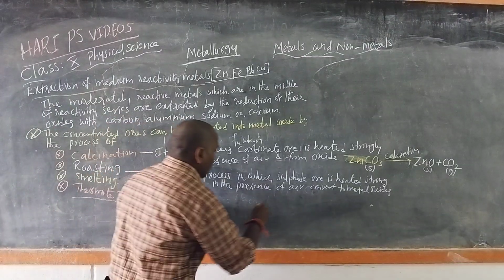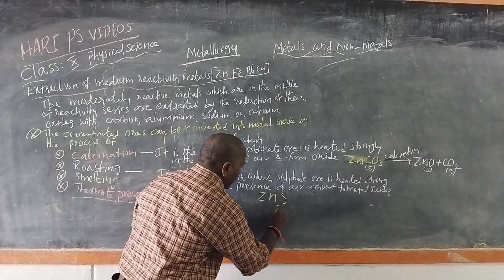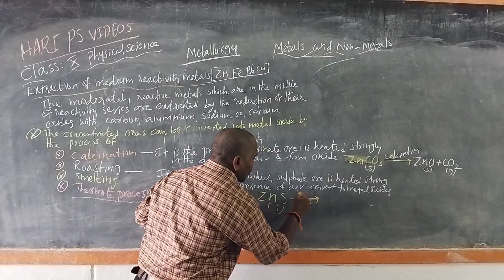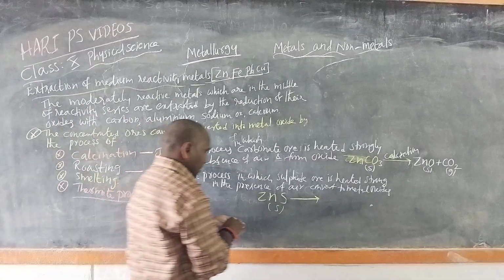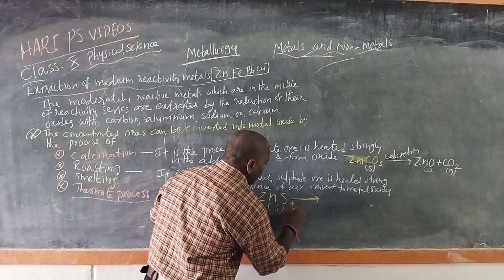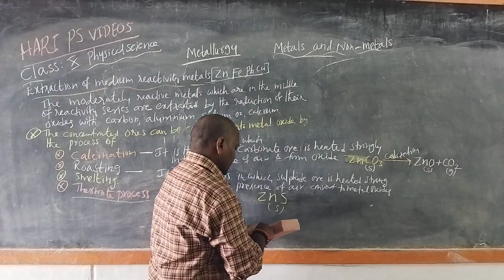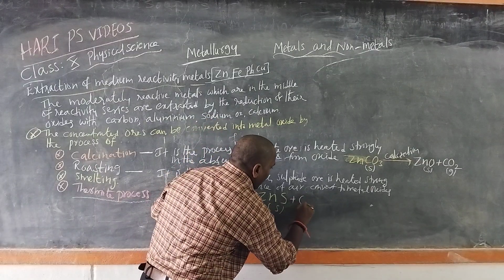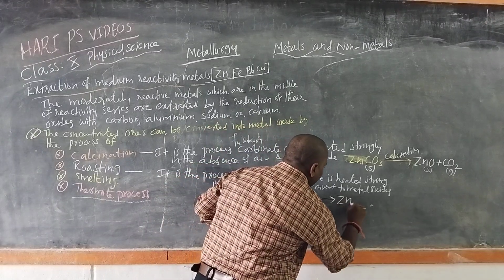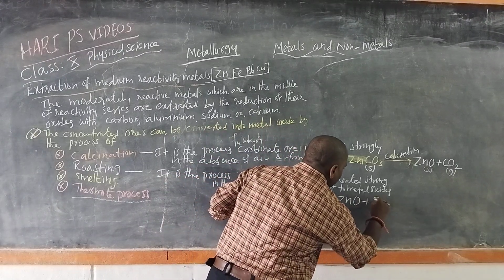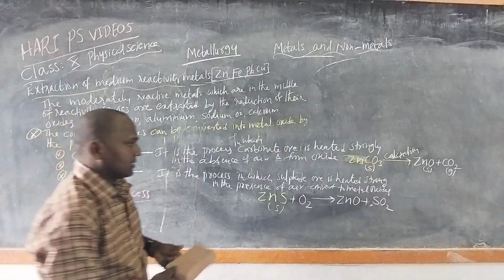So, for example, ZnS, zinc sulfide, a solid, heated strongly in the presence of air, reacts with oxygen. So, ZnS plus oxygen gives zinc oxide plus sulfur dioxide.